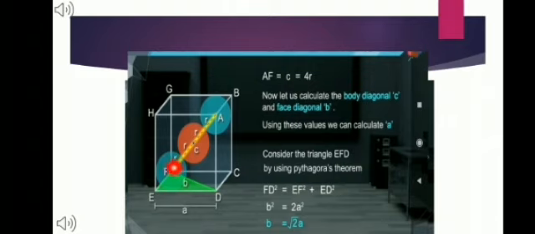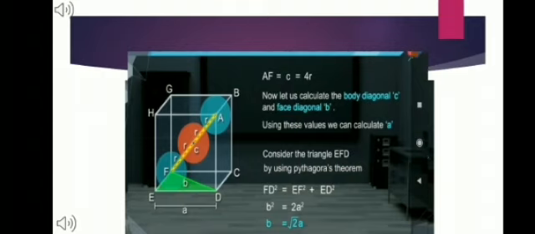Now let us calculate the body diagonal C and the face diagonal B. Using these values we can calculate the value of A. Consider the triangle EFD. By using Pythagoras theorem, FD square is equal to EF square plus ED square.